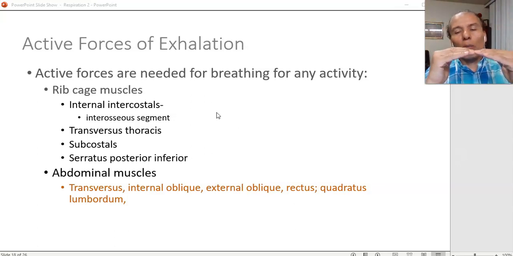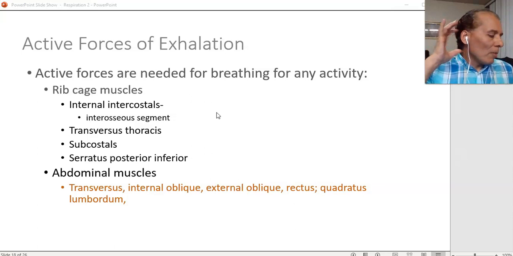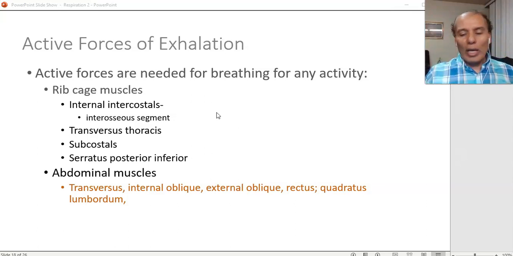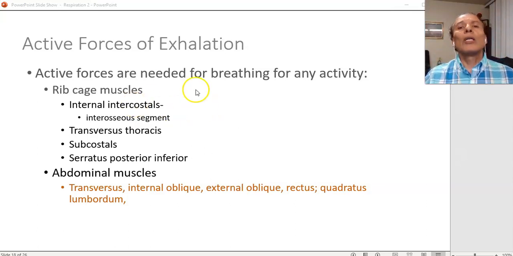And this is where the process halts momentarily, for a few seconds, and then the brainstem mechanisms are going to switch from exhalation to inhalation.